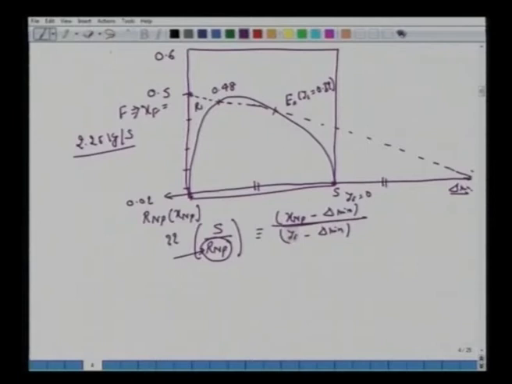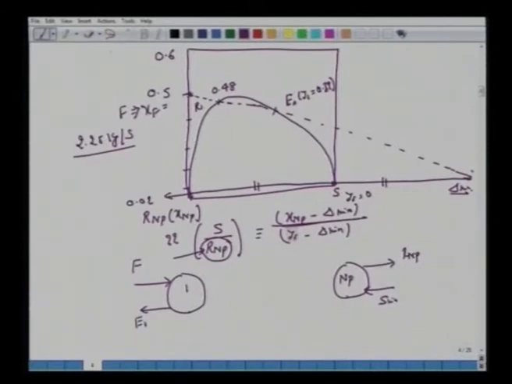Knowing this F and S min, we connect this. So we are writing the equation that F plus S equals M, and we have E1 plus RNP.